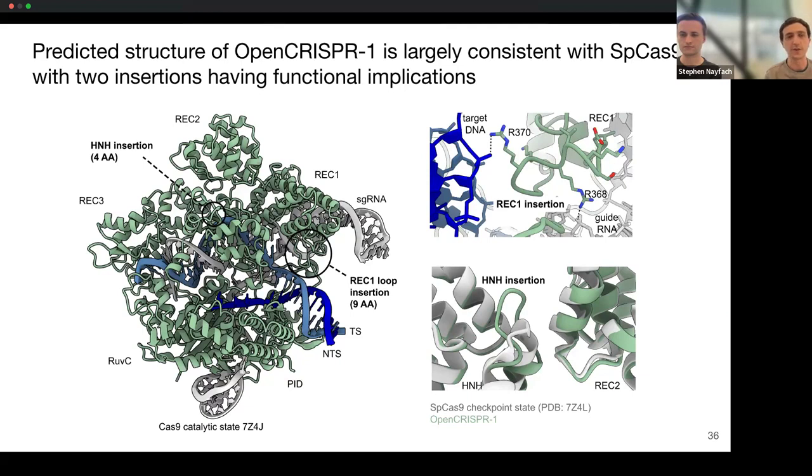And then there was another small insertion in the HNH domain. Together, we speculate that these novel domain insertions could help to either stabilize the protein in complex with the target DNA, or could be involved in increasing its activity based on this loop in the HNH domain.